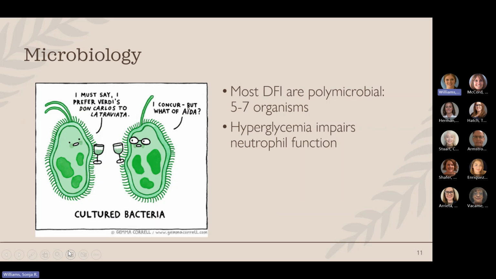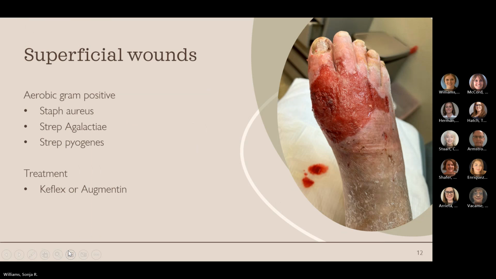So diabetes leads to hyperglycemia, which impairs neutrophil function. And as a result, a lot of diabetic foot ulcerations are polymicrobial, on average about 5 to 7 different types of organisms. So wounds like the one that we see here that are superficial, have some local erythema, usually are an aerobic gram-positive bacteria.